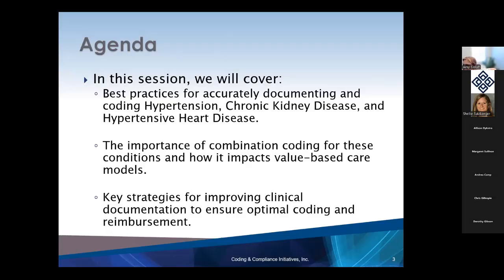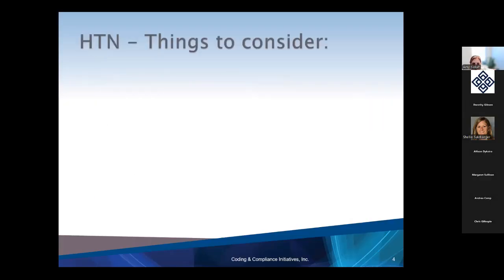A lot of times what we find with the providers is you pull from the problem list, and if our ICD-10 codes are not updated on the problem list, we continue to pull over individual diagnosis instead of those combination codes when the combination codes are more appropriate. We'll also talk about some key strategies for improving the documentation to make sure that you are coding and documenting to the highest level for reimbursement, not only for your value-based healthcare, but also for evaluation and management coding.